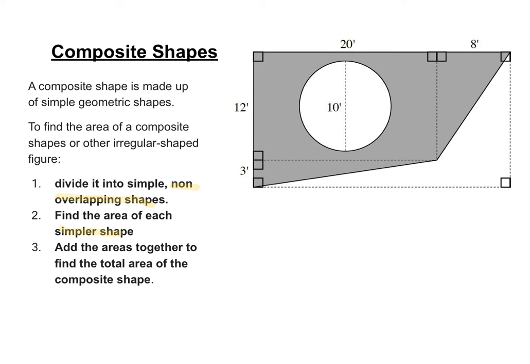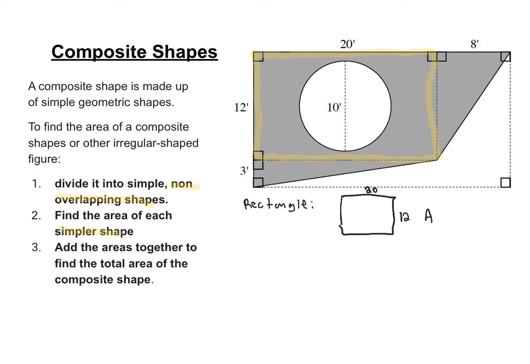So let's get going with this odd shape. I'm looking for the area of this shaded figure. And so right off the bat, I see one rectangle. So I'm just going to highlight it. And then I like to just dissect it. So I pull it out of the composite shape, and I'm going to say, well, this is a rectangle with area of 20 feet by 12 feet.